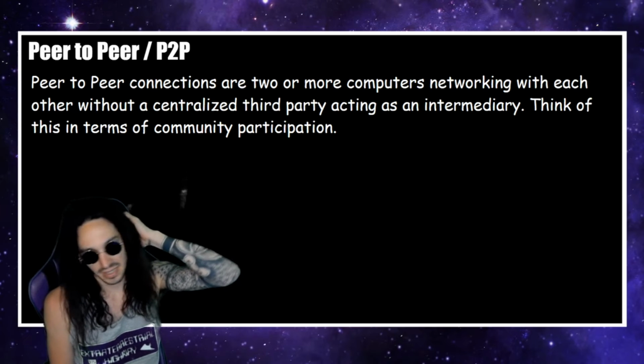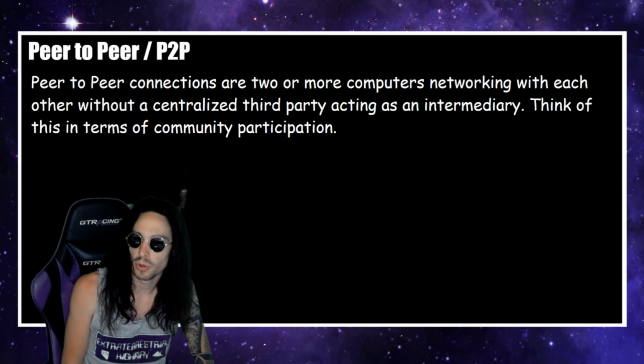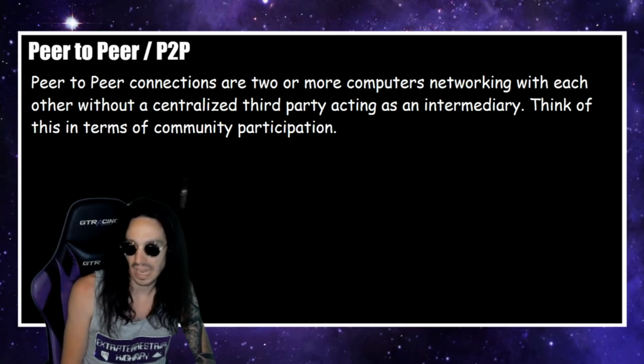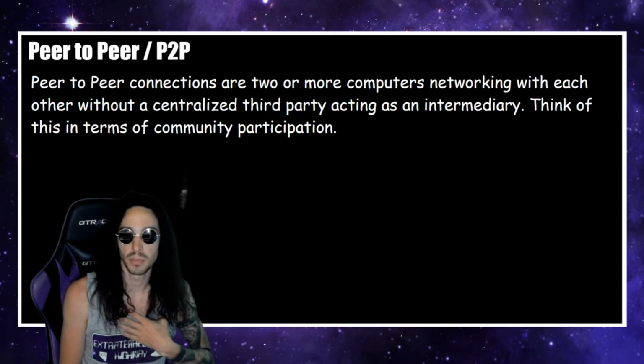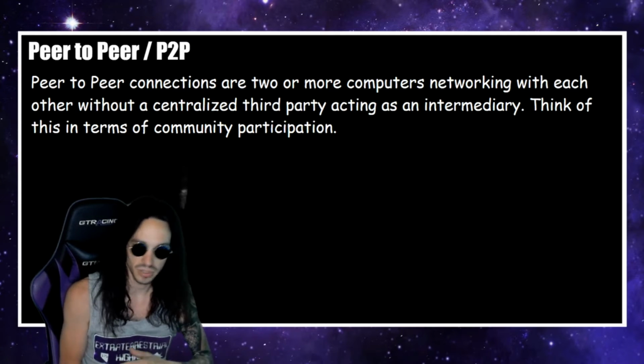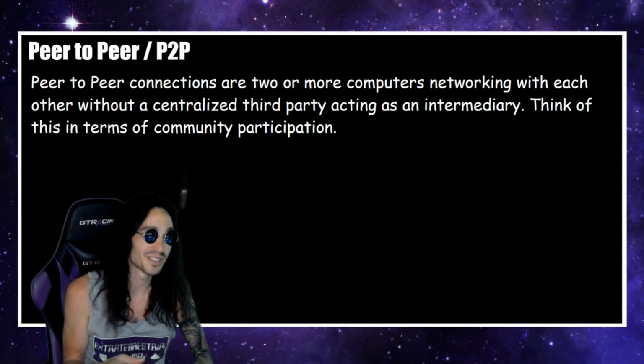Peer-to-peer is simply how it sounds. Peer-to-peer connections are two or more computers networking with each other without a centralized third party acting as an intermediary. I like to think of this in terms of community participation. That is what makes the world of cryptocurrency go around.